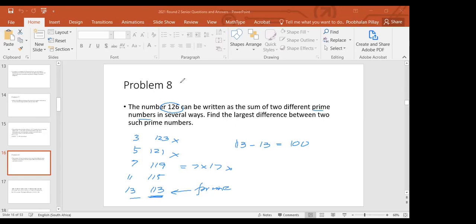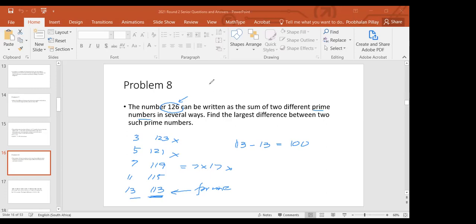There is a very famous unsolved problem that if you take any even number, not just necessarily 126, you can always write it as a sum of two prime numbers. I'm not sure whether it's different, but you can always write it as a sum of two prime numbers.